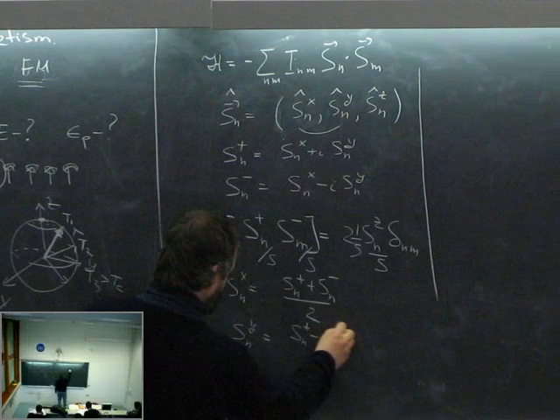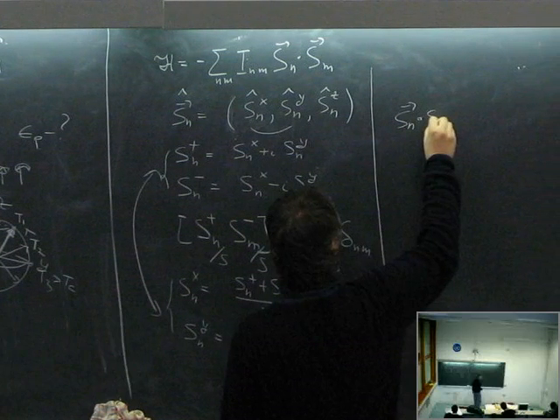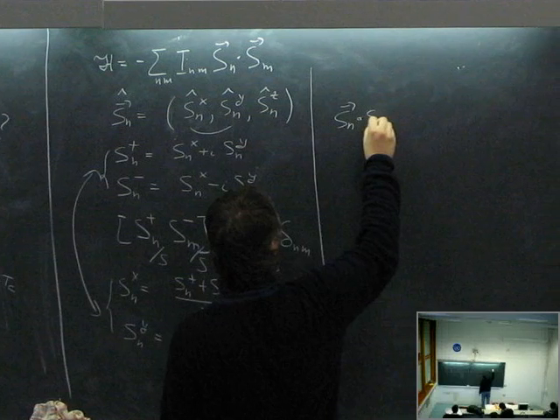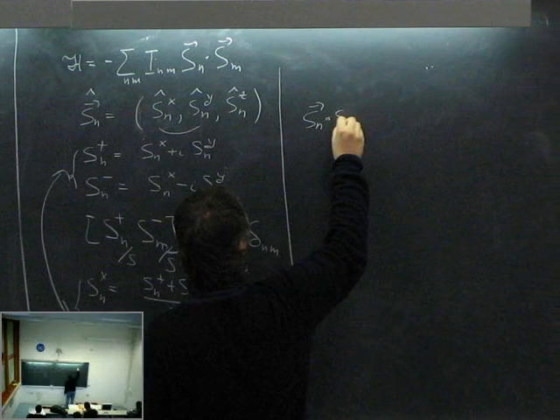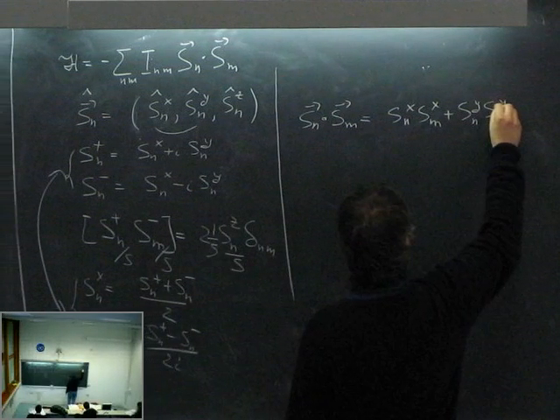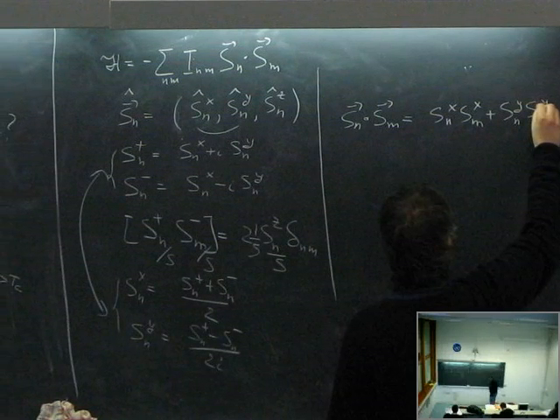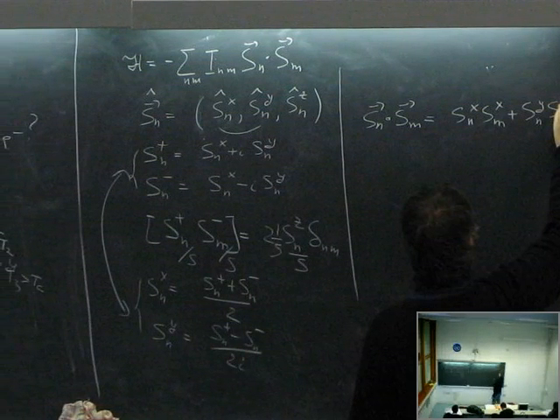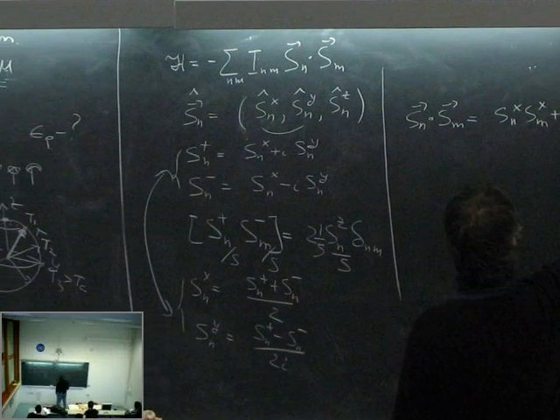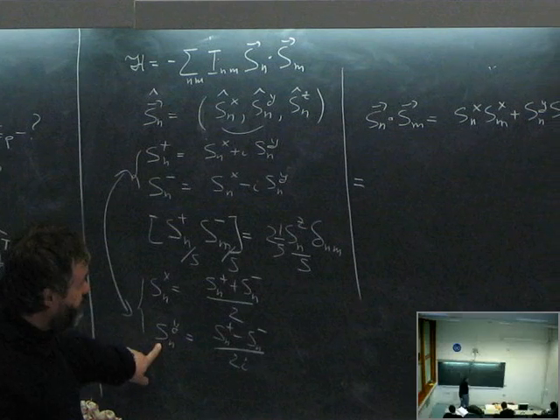So the scalar product S_n dot S_m. I will subtract the z component, but it is S_n^x S_m^x plus S_n^y S_m^y plus S_n^z S_m^z. So I will keep the third term intact and substitute the x and y components expressed in terms of the plus and minus operators.